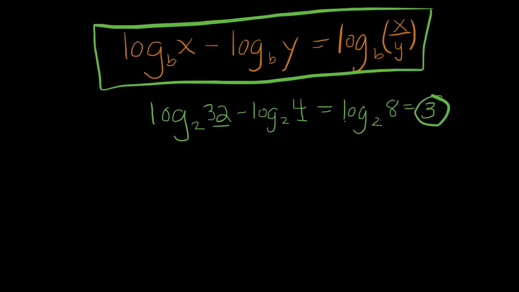Okay, I'm going to teach you one more. For our last property, it's kind of a strange one. Let's say that we have a log. I'll do log base b of x. And we are going to multiply that log by some number. Let's say that that number is m.